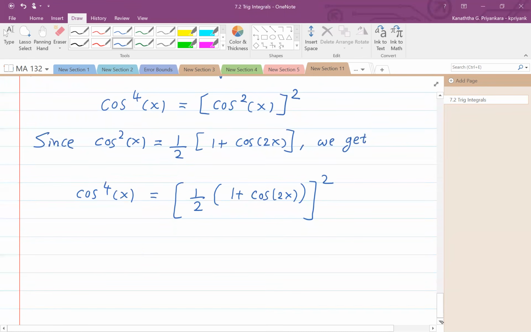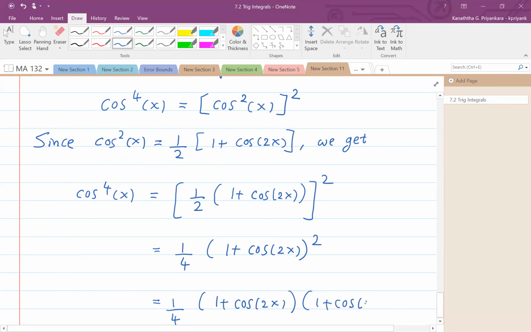So we get 1/4 times (1 plus cosine 2x) squared. Now we can multiply 1 plus cosine 2x with 1 plus cosine 2x.